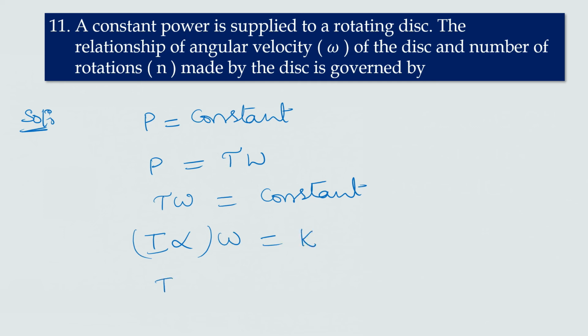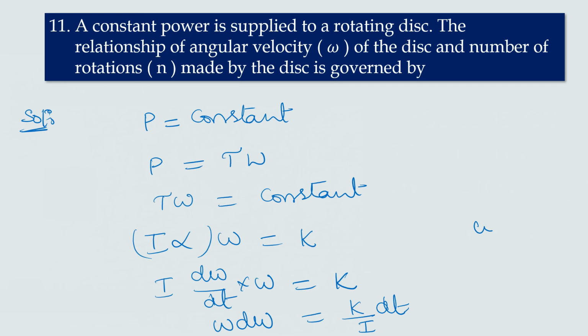Alpha can be written as d omega by dt, so I d omega by dt into omega is equal to k. Now this can be written as omega into d omega is equal to k by I into dt.